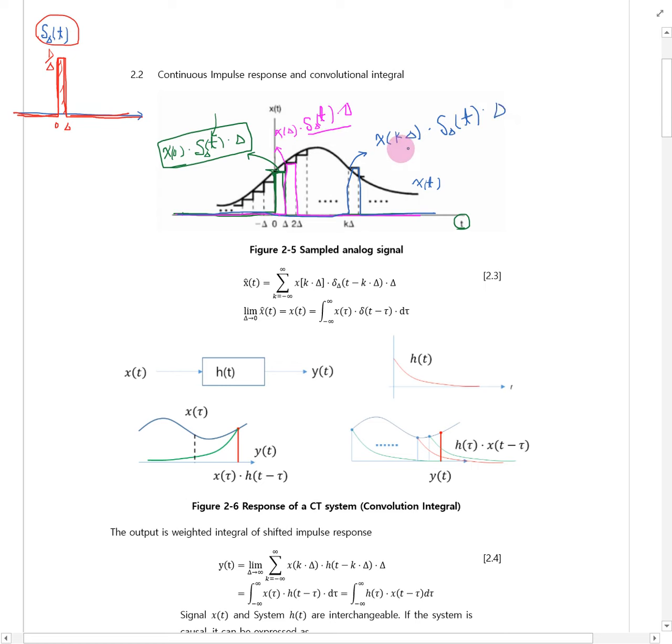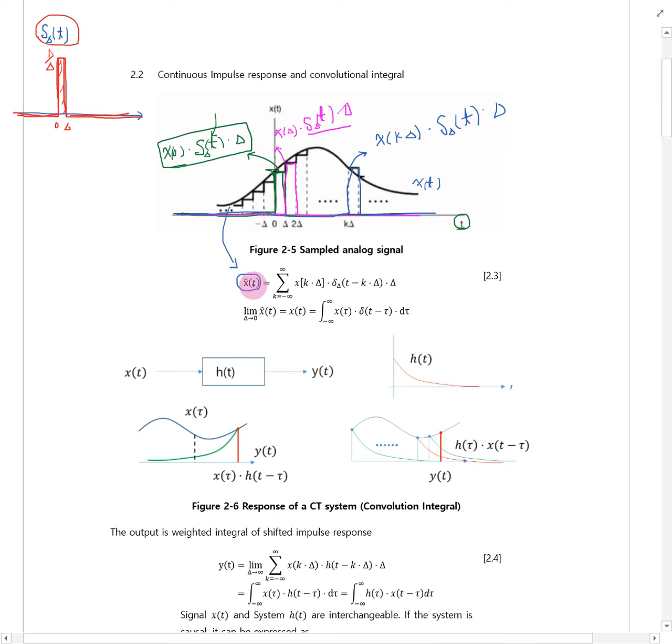So this function corresponds to this one. Summing all the pulse trains, with k changing from minus infinity to infinity, it will look like this staircase approximate signal. That's the x hat of t. So x hat of t is an approximation of x(t).